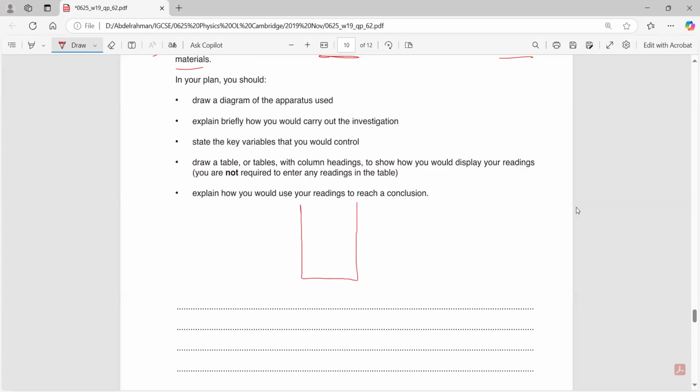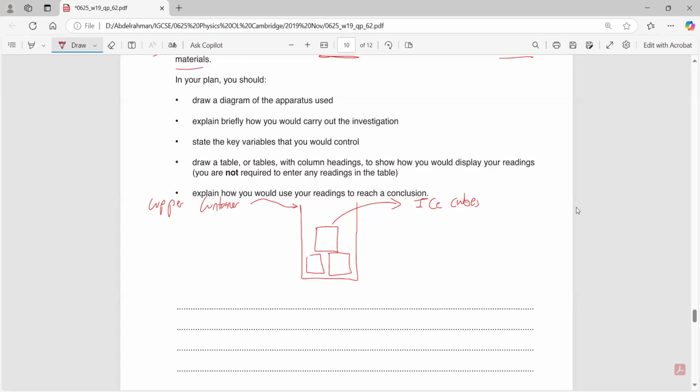Inside the container you have some ice cubes, right? So these are the ice cubes, and this is the copper container. And then what about the insulating materials? What should I do with these insulating materials? I need to wrap the copper container with these insulating materials.